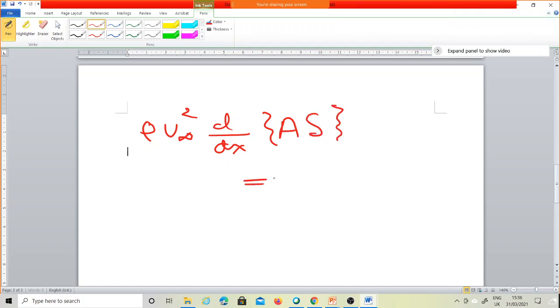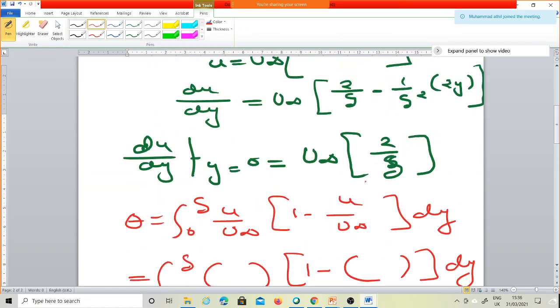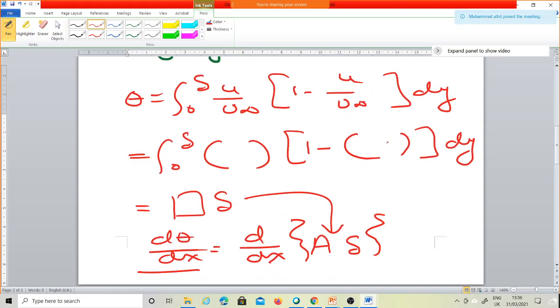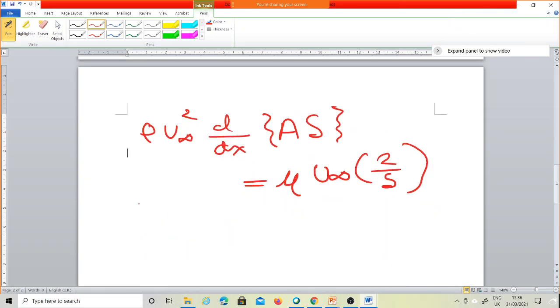and that's equal to, and we have mu, and then we have du by dy at y is equal to 0. In this case you have u infinity and maybe 2 by delta, because we already got the value, right, u infinity 2 by delta. So if you have these two equations, what you have now, you have u infinity, right?